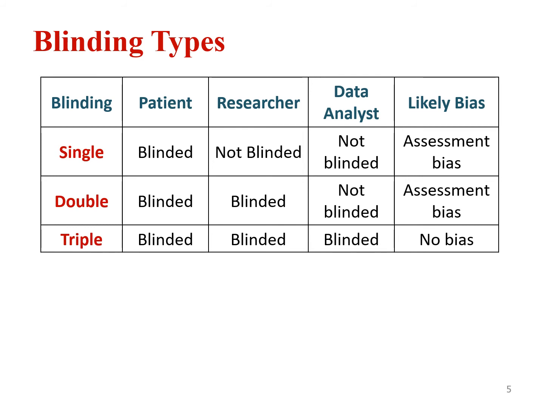Second one is double blinding. In this type, participant and investigator or researcher both are unaware about the identity of the groups and intervention or treatment. Only the data analyst knows about this information. However, chances of ascertainment bias are still there in the study design.